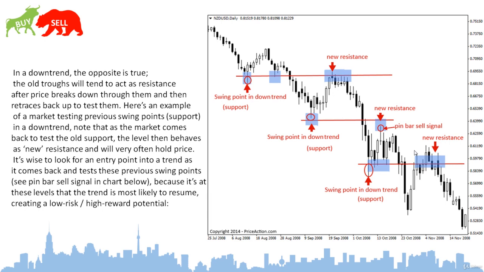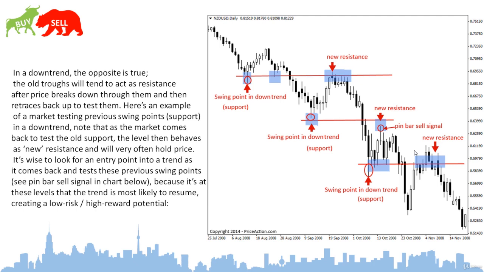So in a downtrend, the opposite is true. The old troughs will tend to act as a resistance after price breaks down through them and then retraces back up to test them. Here's an example of a market testing previous swing point support in a downtrend. Note that as the market comes back to test the old support, the level then behaves as new resistance and will very often hold price.